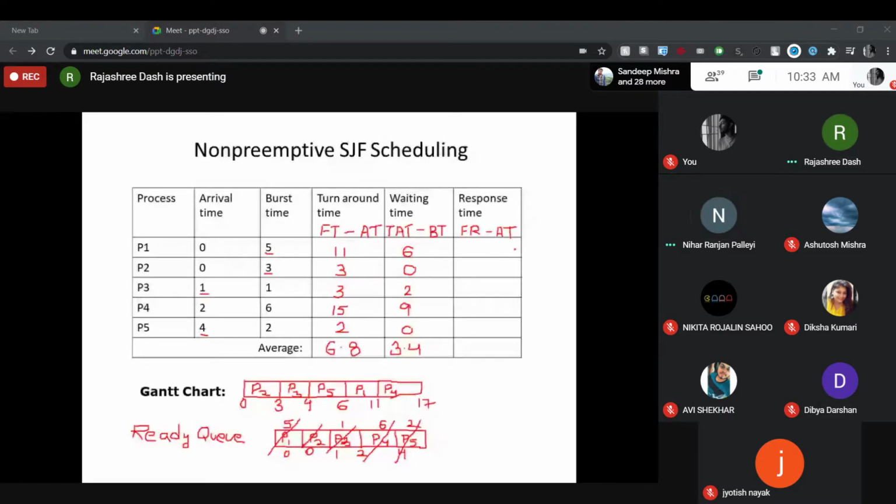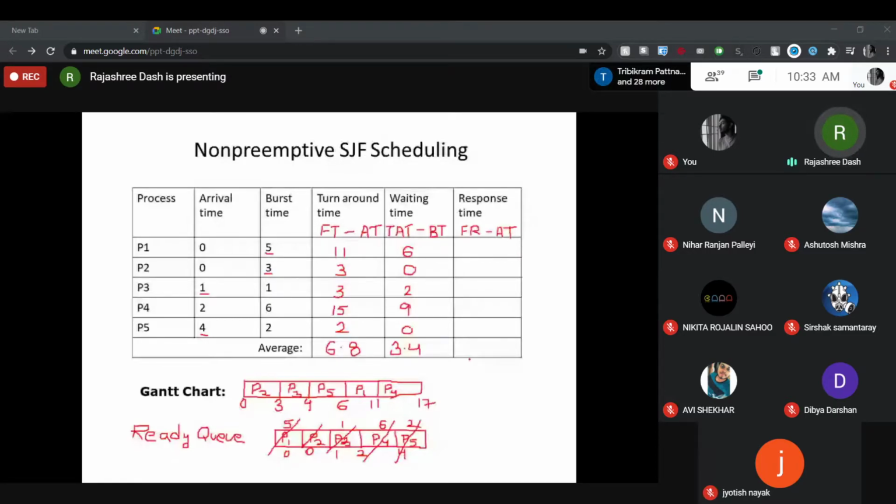Ma'am, 6. So here it is better compared to first come first serve scheduling.